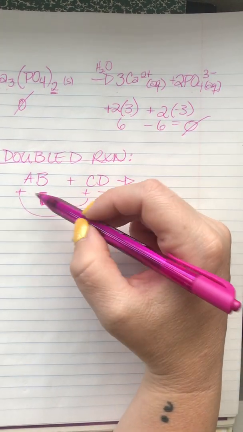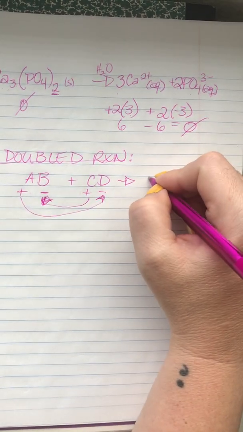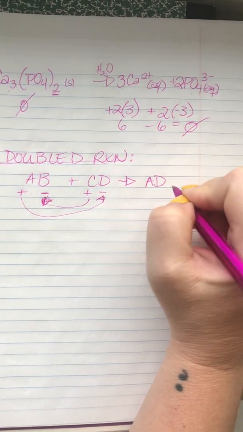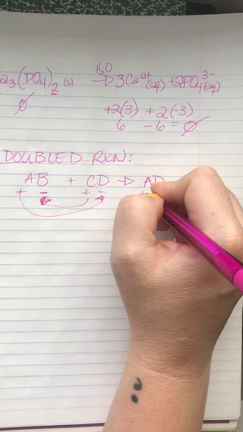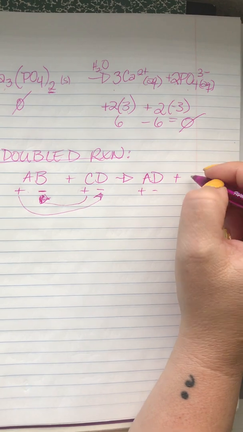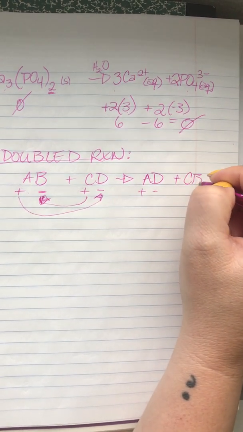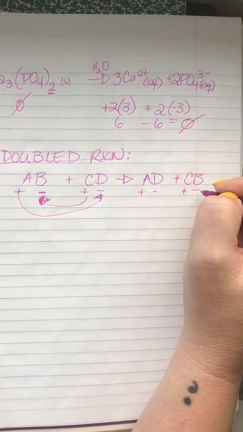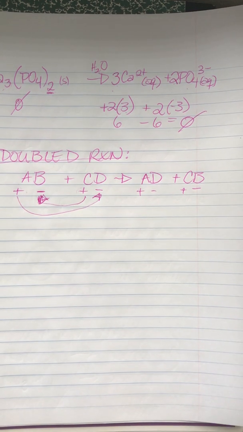So looking at the other side of this reaction, we'll have AD, which still has a positive and a negative stuck together, plus CB, which is still a positive and a negative.